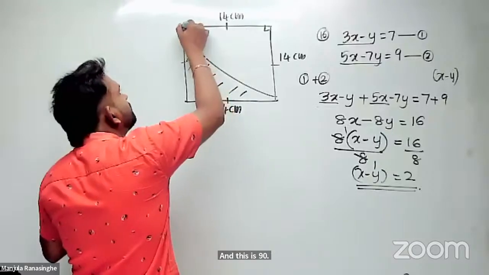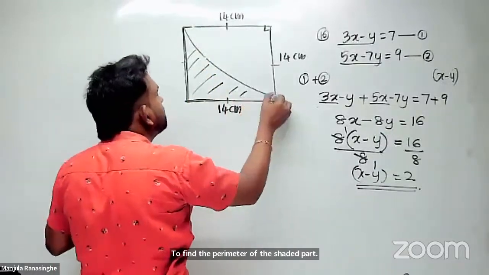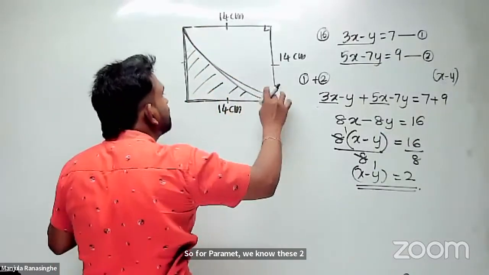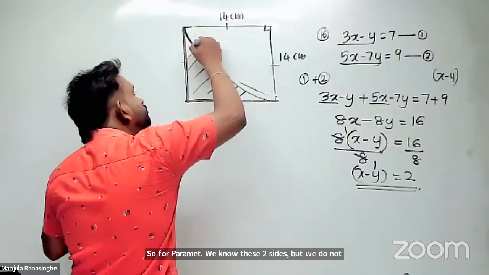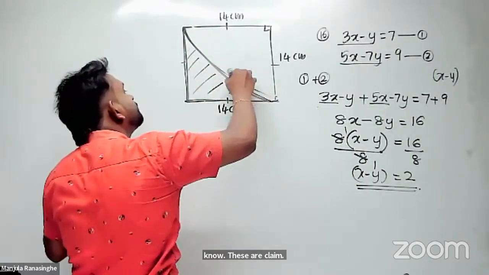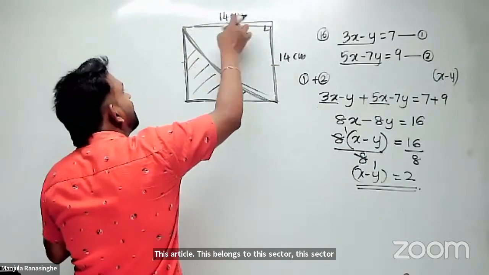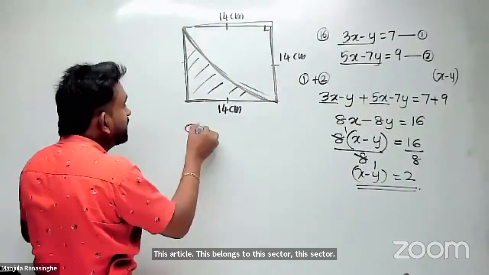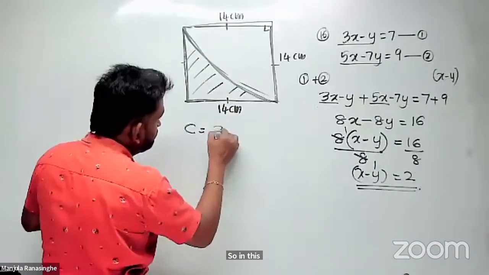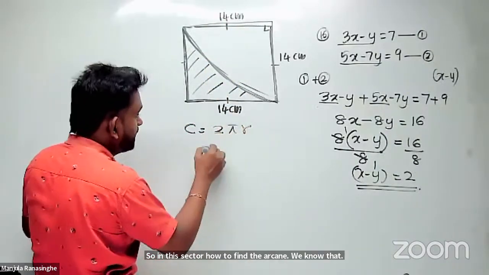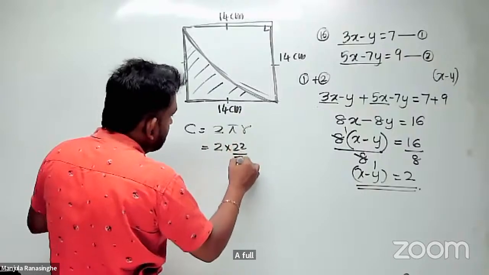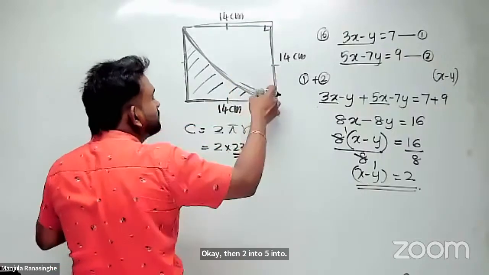For the perimeter, we know these two sides, but we do not know this arc length. This arc length belongs to this sector. So in this sector, how to find the arc length? We know that for a full circle the circumference is 2πr, so 2 into π into r, where r is 14.